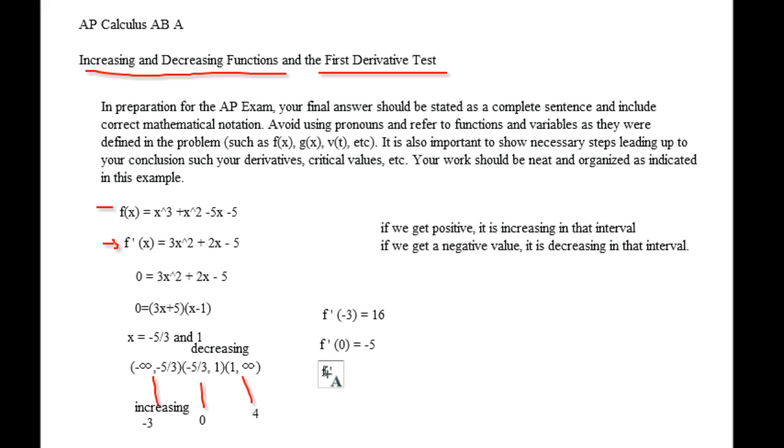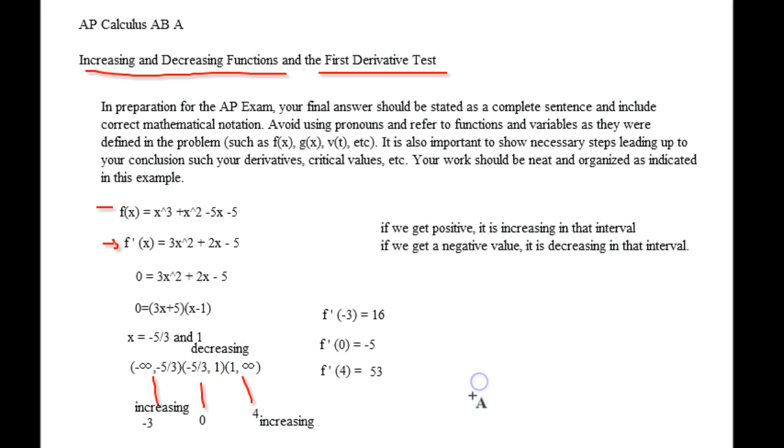And then f prime of, let's just do 4. It doesn't matter. So we plug in 4, and 4 is going to be 16, 48, 56, 53. So that's going to turn into 53, which makes that increasing on this interval.